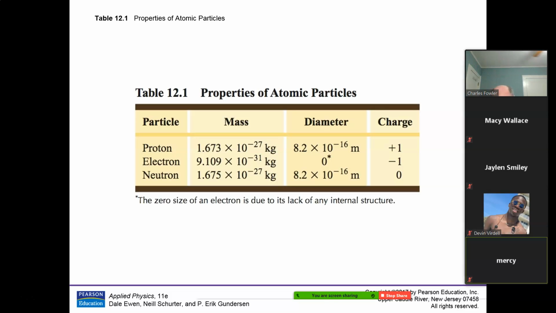Now, the protons and the neutrons live in the nucleus of an atom. Now look at that. All the mass pretty much, and all the volume pretty much, actual volume of the things, are packed into the nucleus of an atom, of any atom.